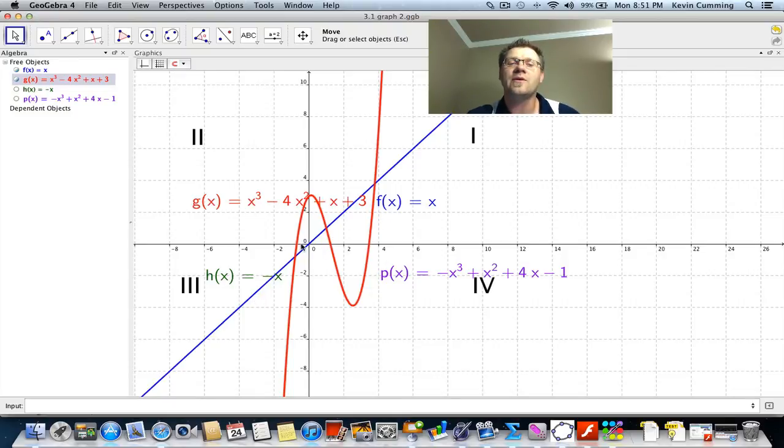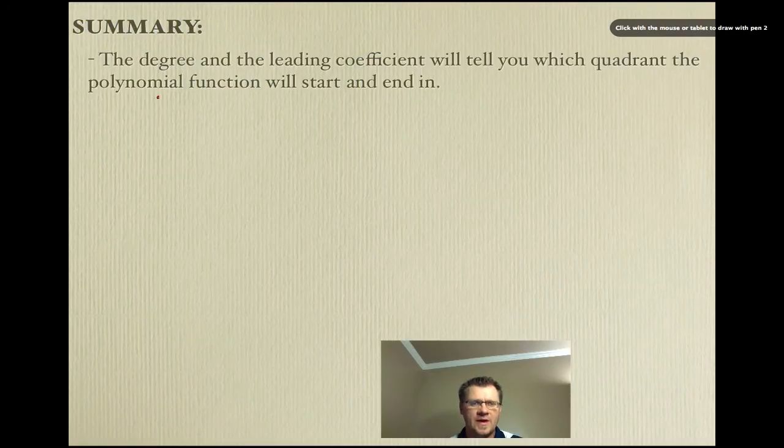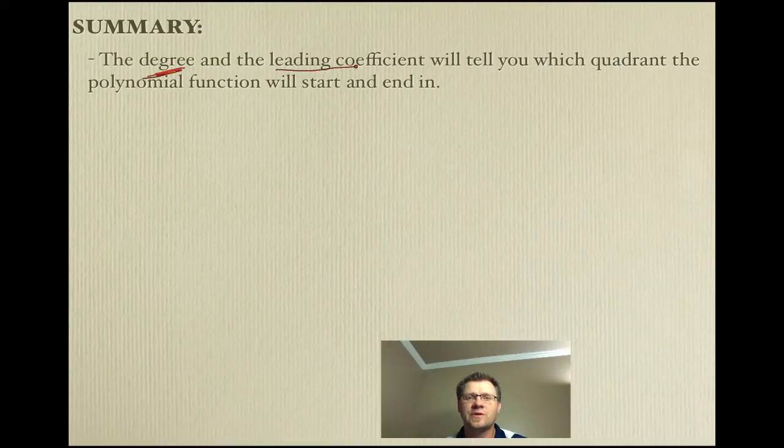Not always, but there could be. So, in summary, we know that the degree is really important and the leading coefficient is really important because they will both tell you which quadrant the polynomial function will start and end in. And we also know that the degree will tell you the number of possible x-intercepts.